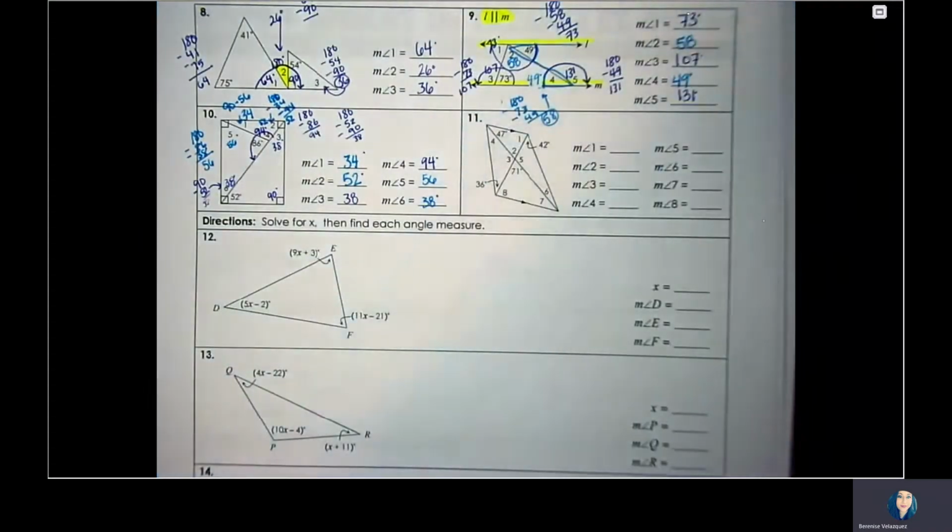Okay, so if you need to write those in, we're moving on to number 11 again. So again, it gets harder to do because we have more things that we have to write, and it's hard to keep up with everything. So yes, I do like to write into the picture.